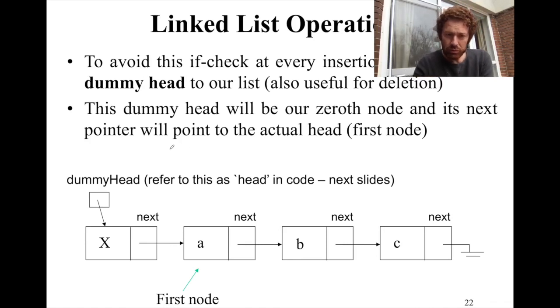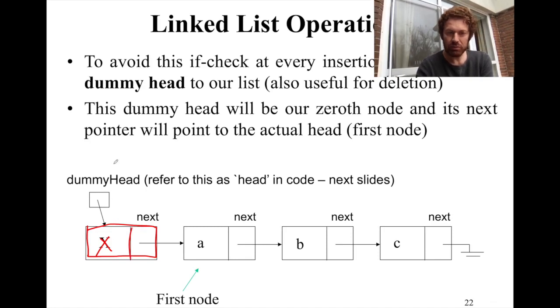So what we will do is, remember I have this head pointing to the first node, but now I will create a dummy head, just like head. It points to a node that always exists in memory with a weird dummy content called X. I really don't care about this content. What I care about is that this is not null.